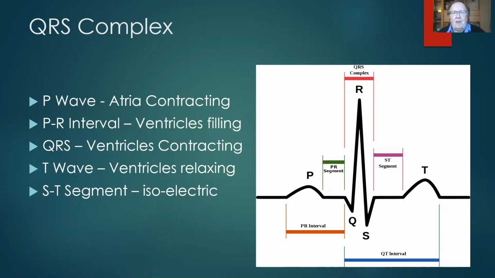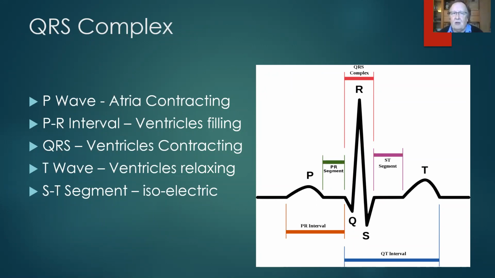Next is the PR interval, where the atria push blood down into the ventricles, so the ventricles are filling up, and within that time is the internodal delay, which is 0.1 of a second. That's important because it's the time the ventricles fill up properly.